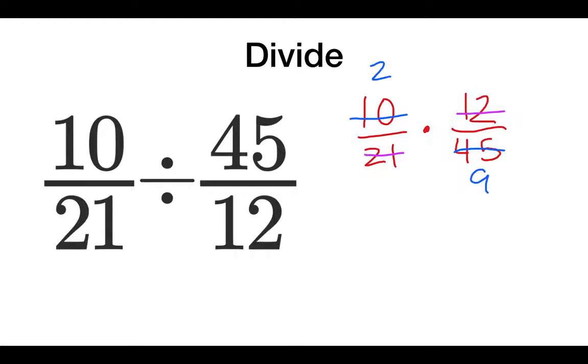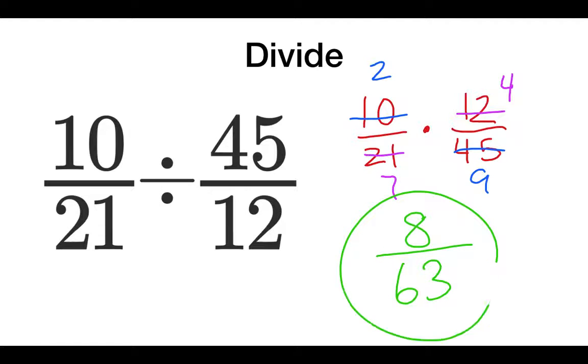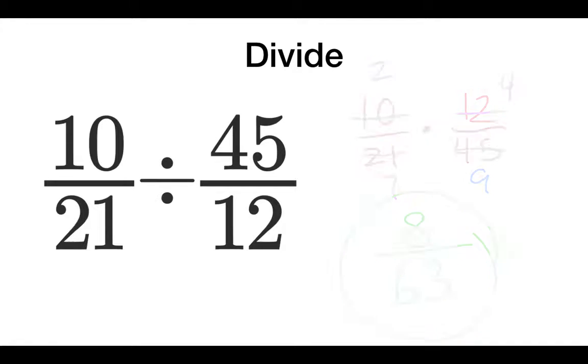I could also have done this with 12 and 9, but I'm going to try to use the diagonals this time. And so 21 and 12, multiples of the number 3, we end up getting 4 and 7. So 2 times 4 is 8, and 7 times 9 is 63, meaning our final answer would be 8 over 63.